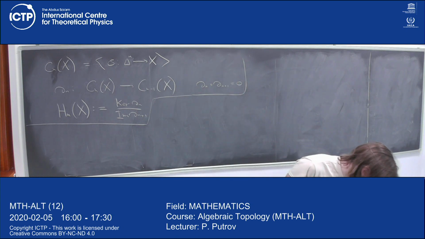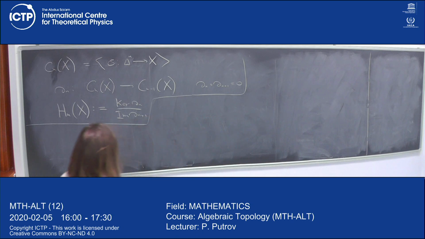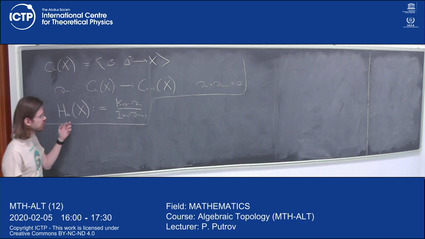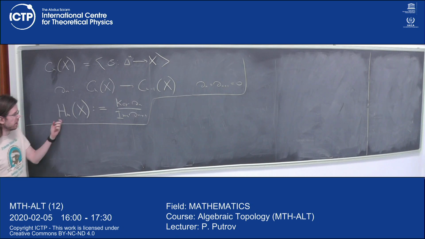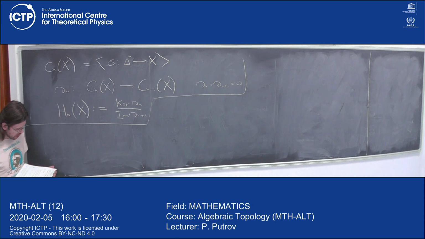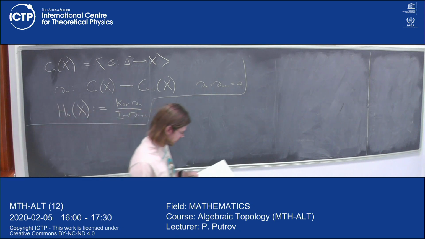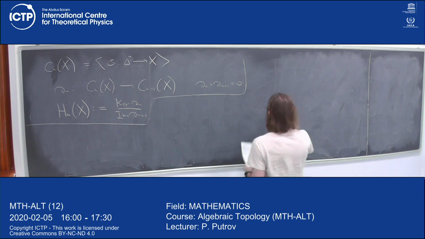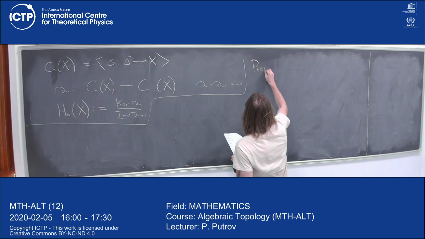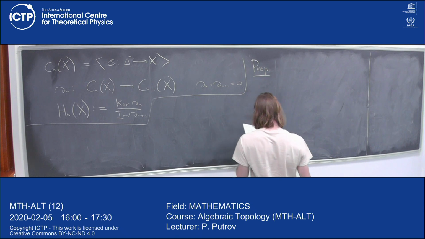Okay, now we would like to, as we did for the fundamental group, learn how to calculate these things and show some properties which will also help us calculate. So let us start with the following proposition.